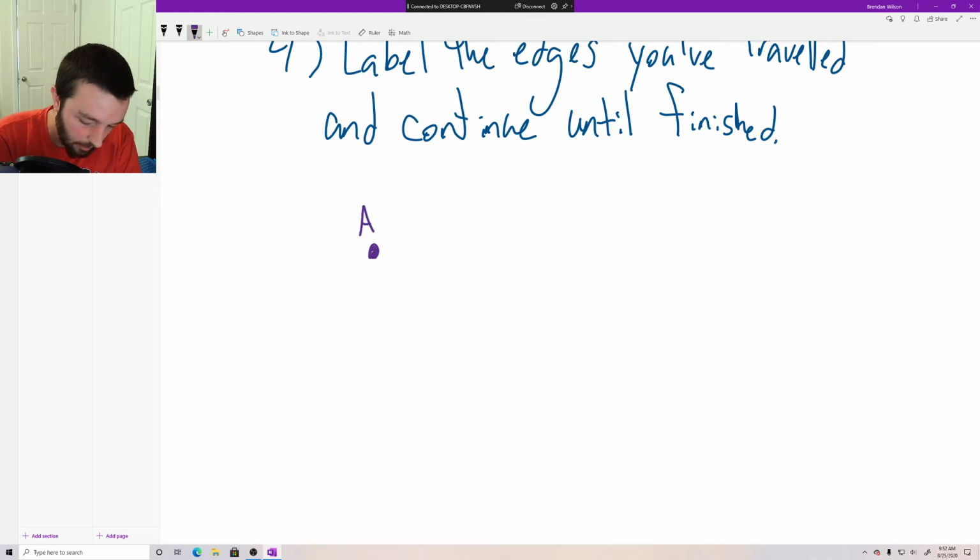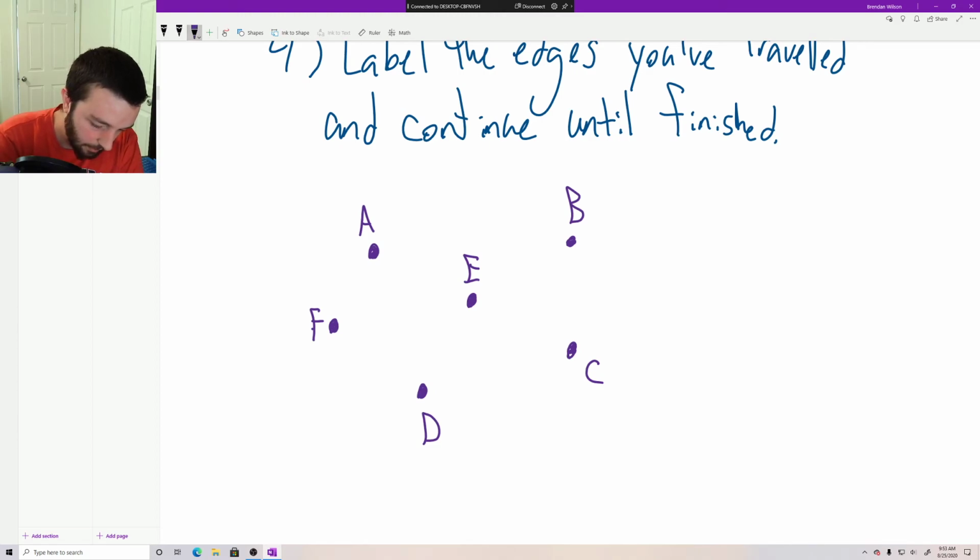A, B, C, E, D, and F. Okay. And now we have lots of edges. We have a couple going this way.